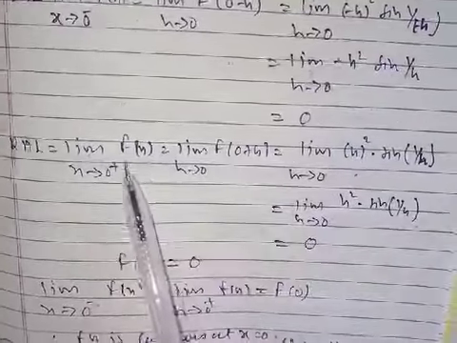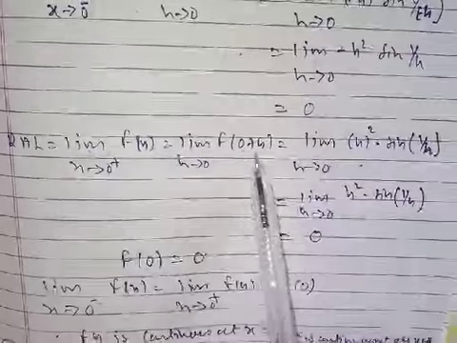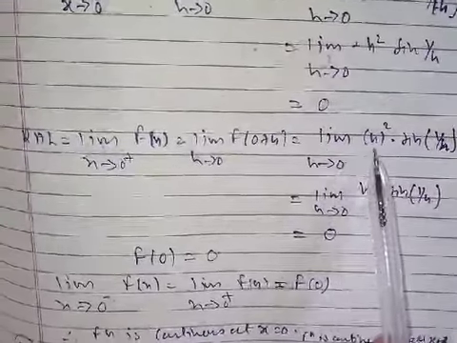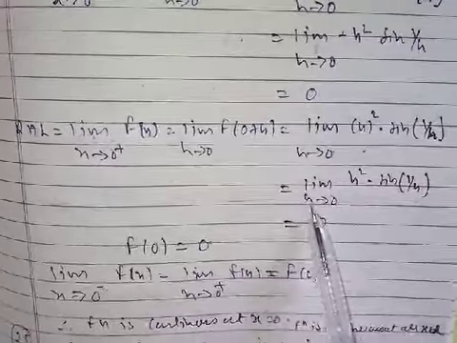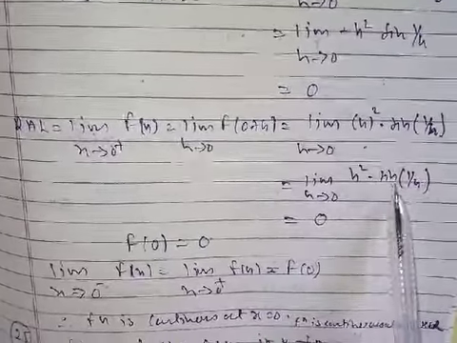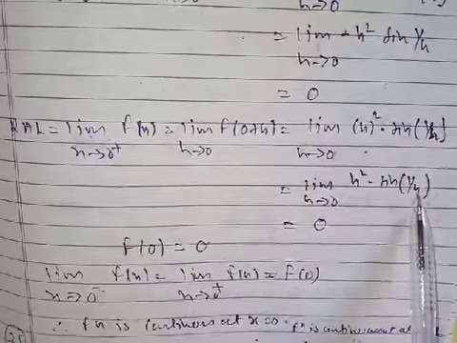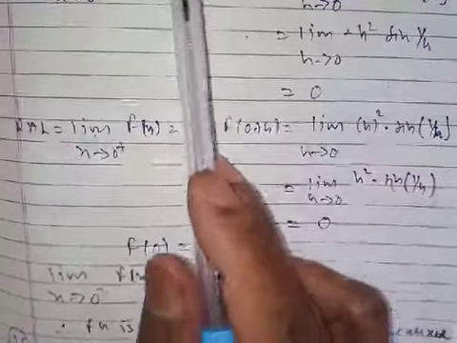The limit as x tends to 0 plus of f of x is equal to the limit of f of 0 plus h. So the limit as h tends to 0 of h whole square into sine 1 upon h. If we substitute the limit, it will also become 0. And what is f of 0?